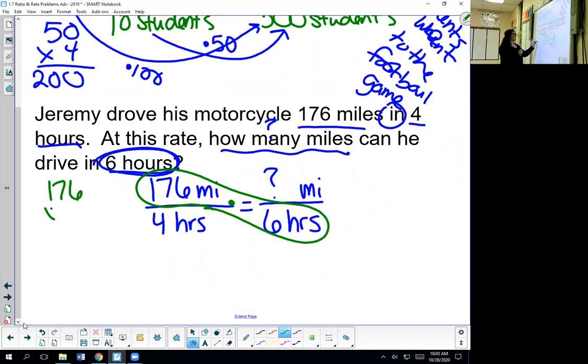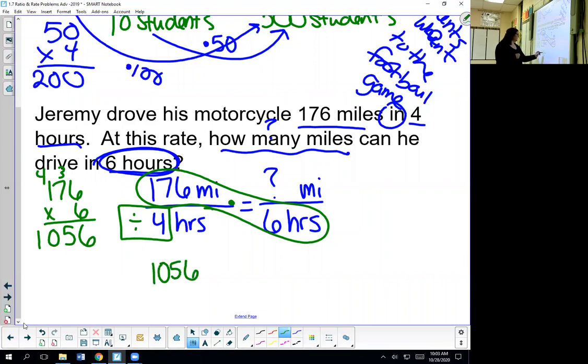If I do 176 times 6, that's 36. 42 plus 3 is 45, and that's 10. So I got that, and then I'm going to divide by the number I did not use, so I did not use 4. So 1056 divided by 4.